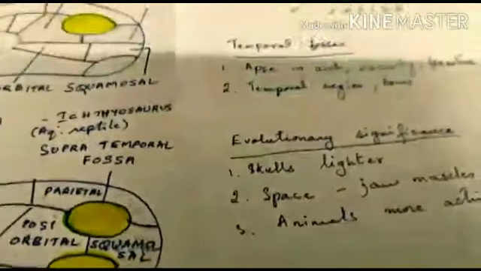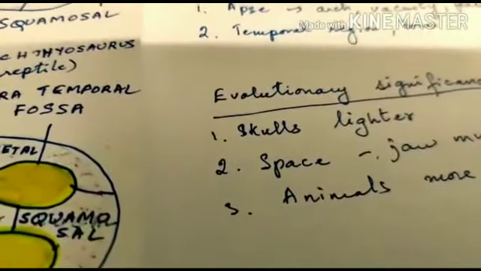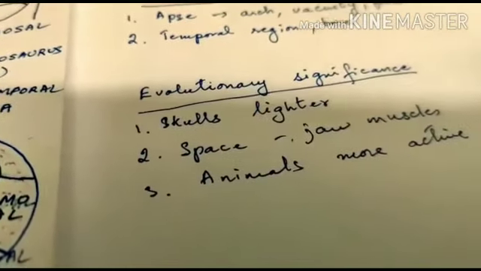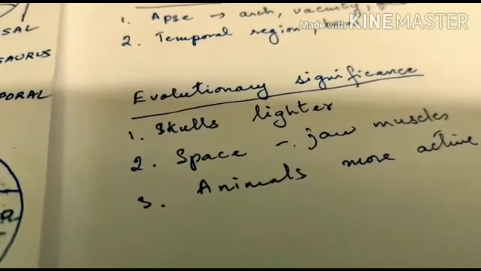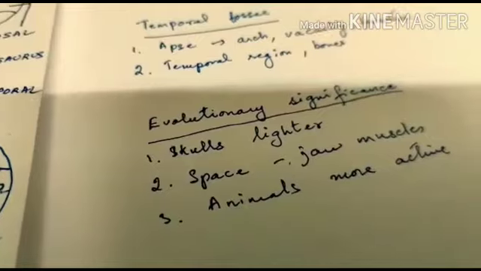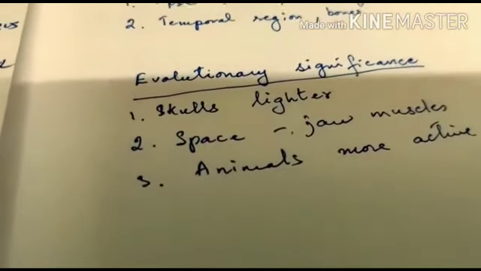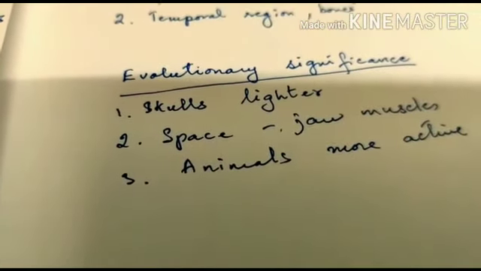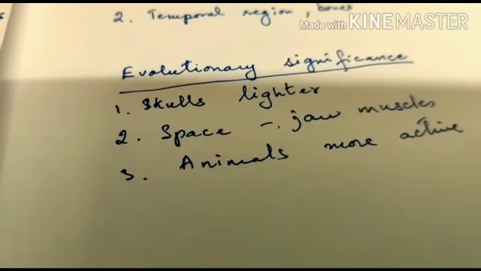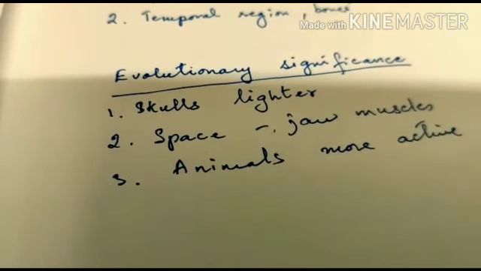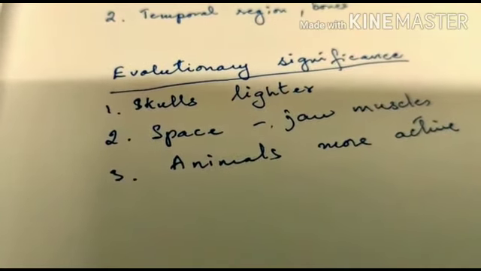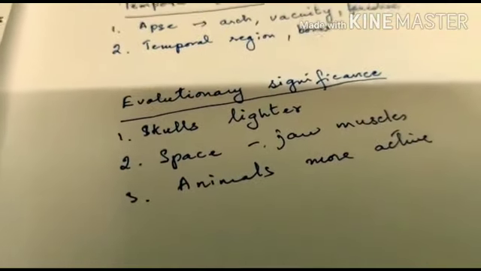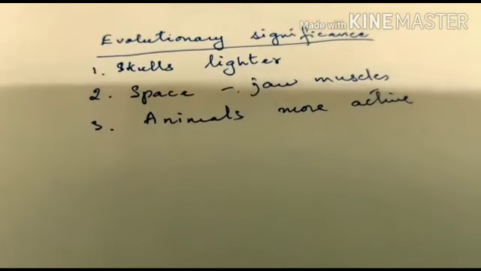Now, what is the significance of this kind of vacuities? Now, first of all, we need to understand that wherever you do not find any kind of temporal fossa, there the skulls are very heavy.